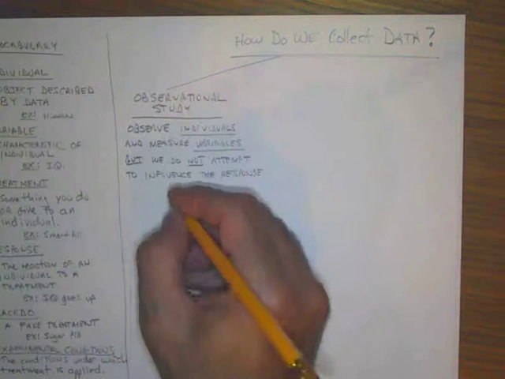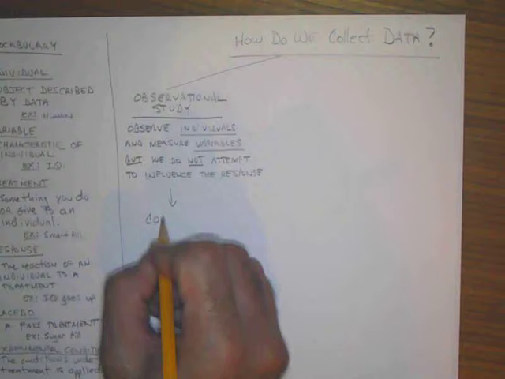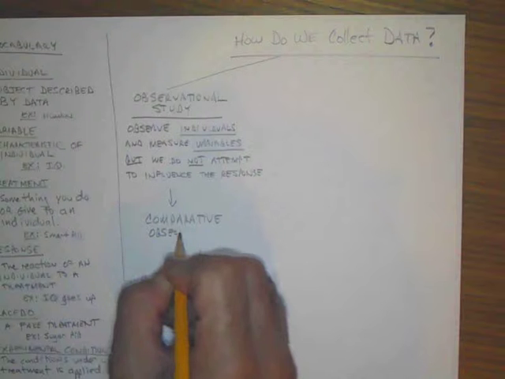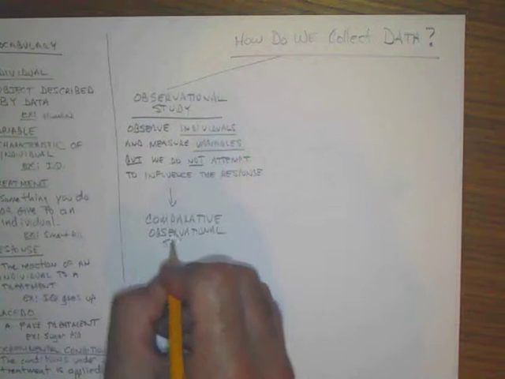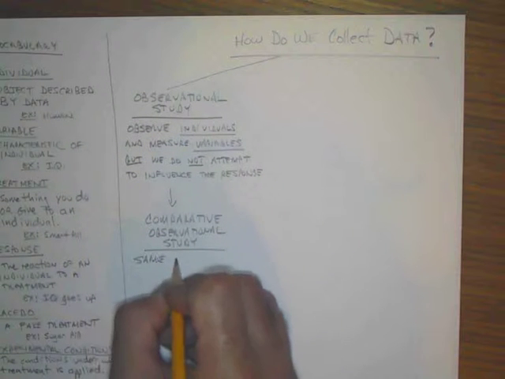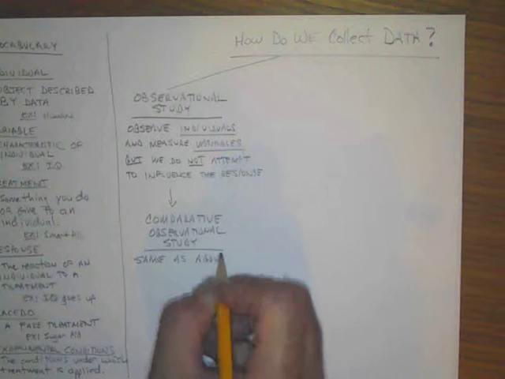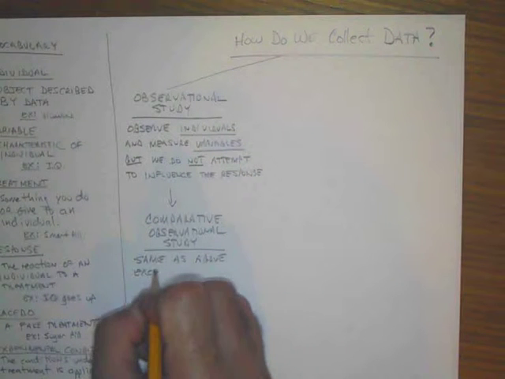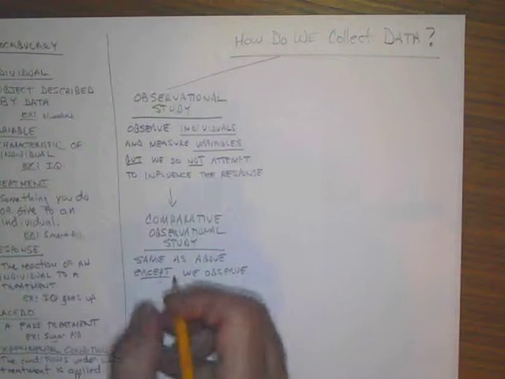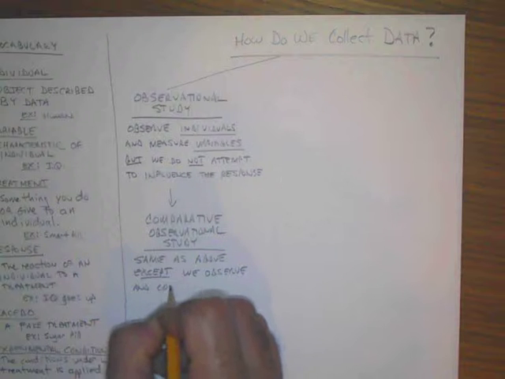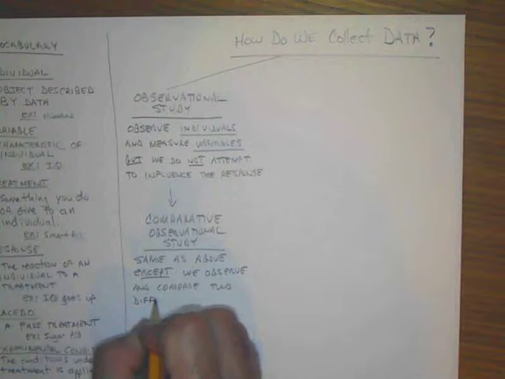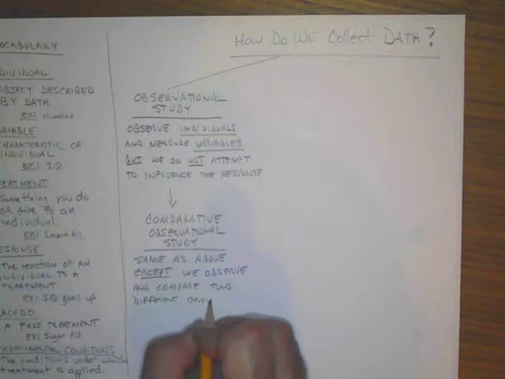Now, there is a further observational study called a comparative observational study. And in this case, it is the same as above, except we observe and compare two different groups.